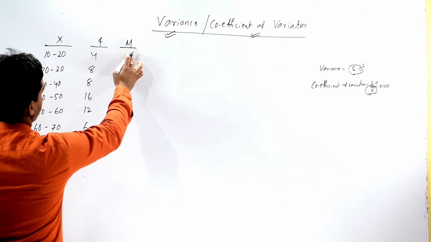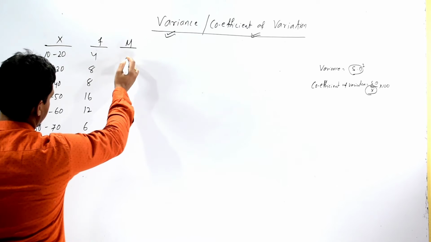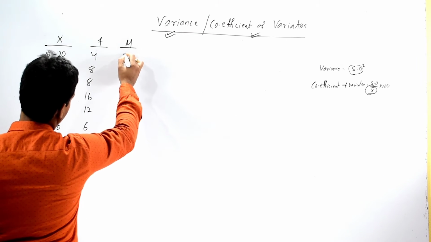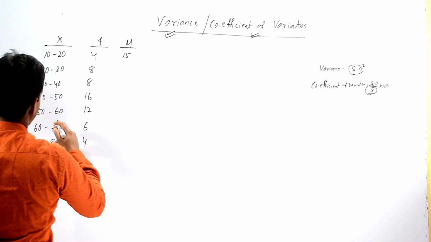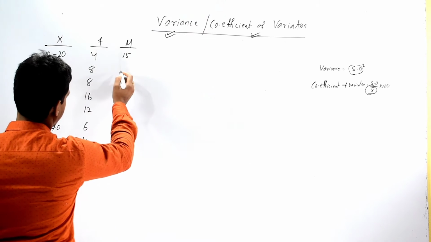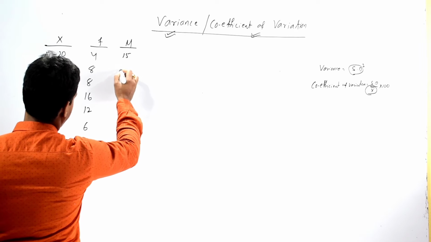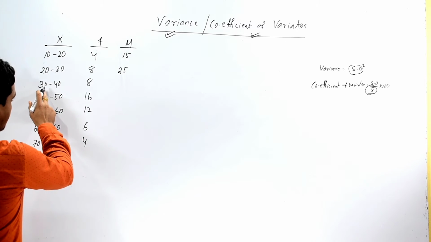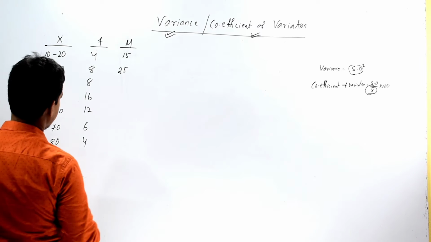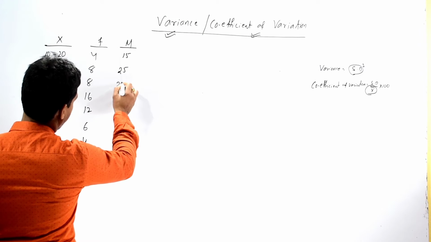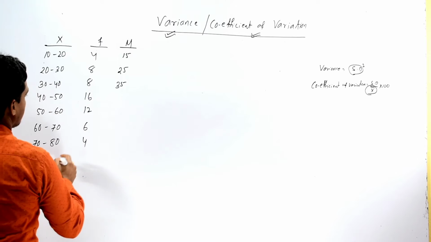That means the midpoint of the first class is 10 plus 20 divided by 2, that is 15. Then the midpoint of the second class is 20 plus 30 divided by 2, that is 25. Then the midpoint of the third class, 30 plus 40 divided by 2, is 35.